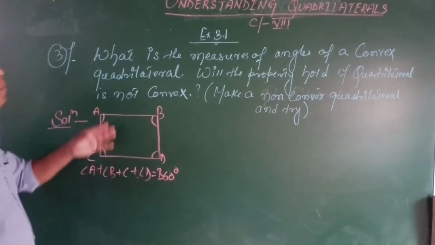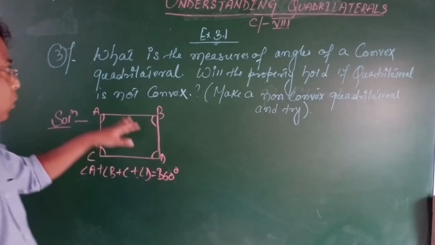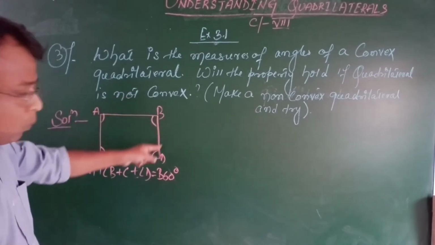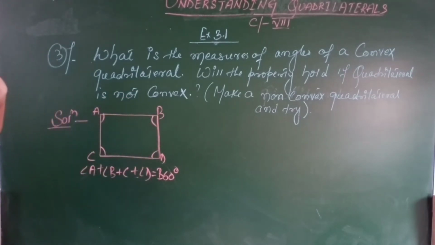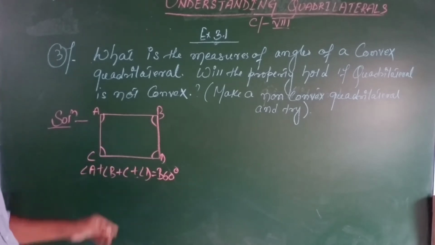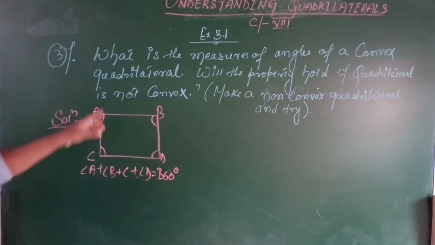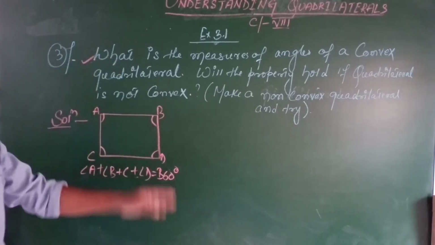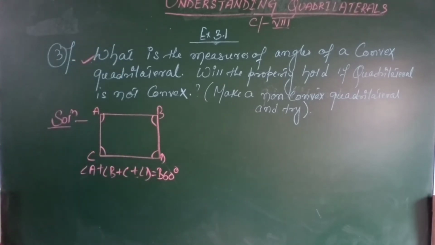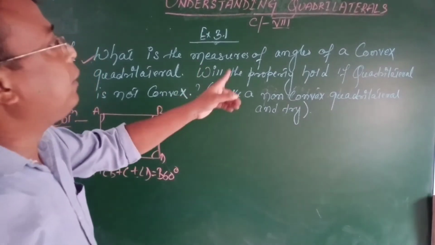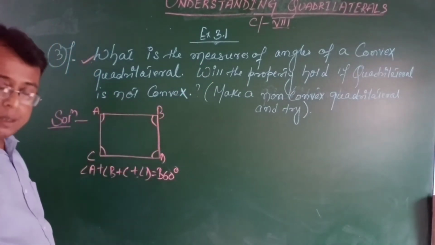So what is the measure of the angles of a convex quadrilateral? Adding the 4 angles of a convex quadrilateral, you will get 360 degrees. Okay, so that is the first answer: 360 degrees. Now the second part, you see what it says. Will the property hold if it is not convex?